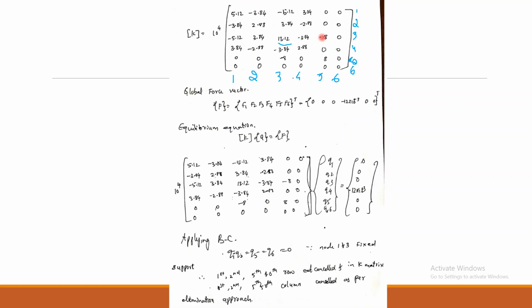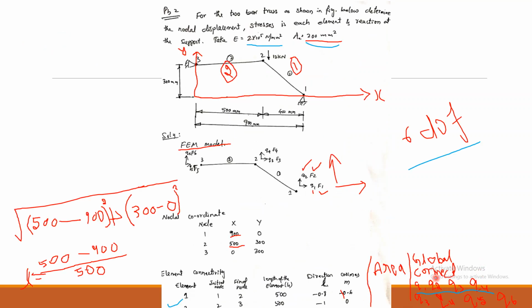The next thing is finding the global force vector, and its size depends on the terms. It starts from F1 to F6, therefore we should go for all the external forces in each direction.